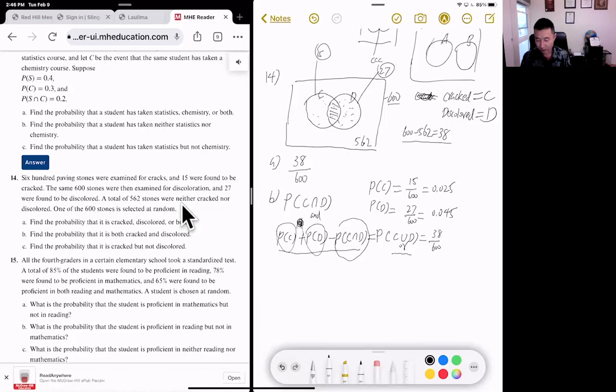From the Venn diagram, we can better understand why this equation holds true, or you can just remember the equation.